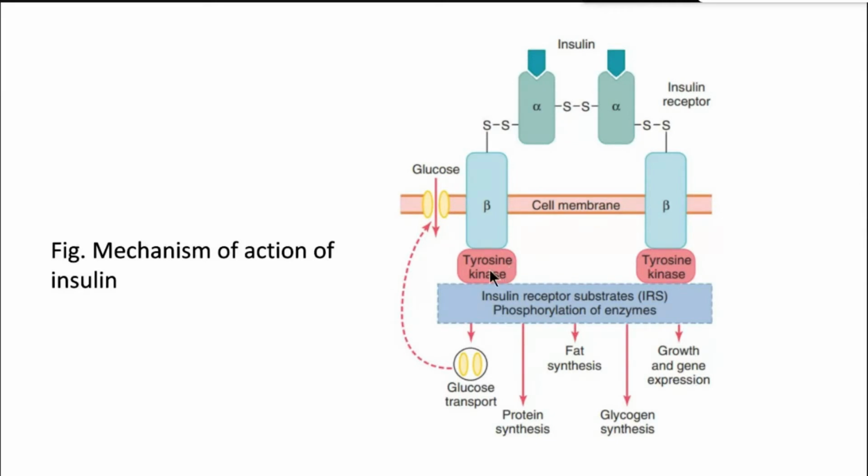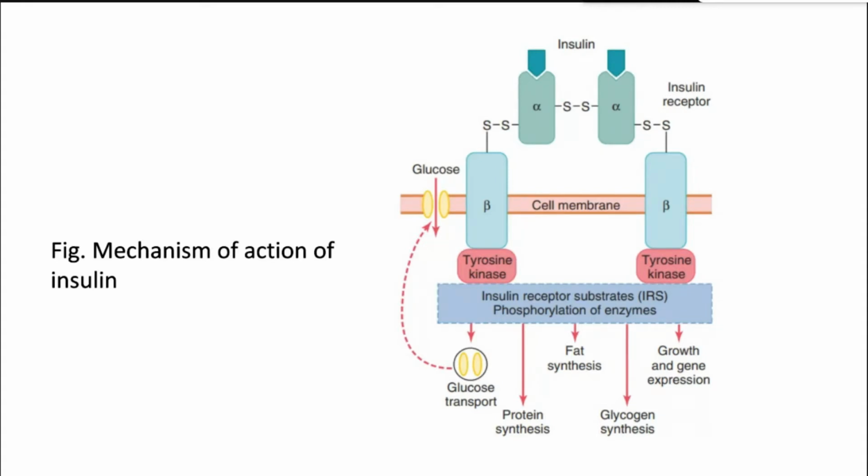And the activation of this tyrosine kinase will phosphorylate different insulin receptor substrates. Means the substrates, various molecules, substances that are activated by or influenced by this tyrosine kinase. They are phosphorylated. And when we studied phosphorus, we mentioned its role, one of the important roles in intracellular signaling also.